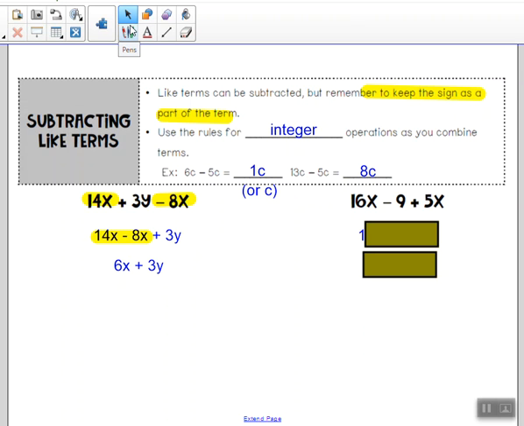Look at the next one, 16x minus 9 plus 5x. Again, look for what can be combined. I have a 16x and I have a positive 5x, or I want to add 5x to it. So if I take that further, that would be 16x plus 5x. And I still want to subtract 9 though.